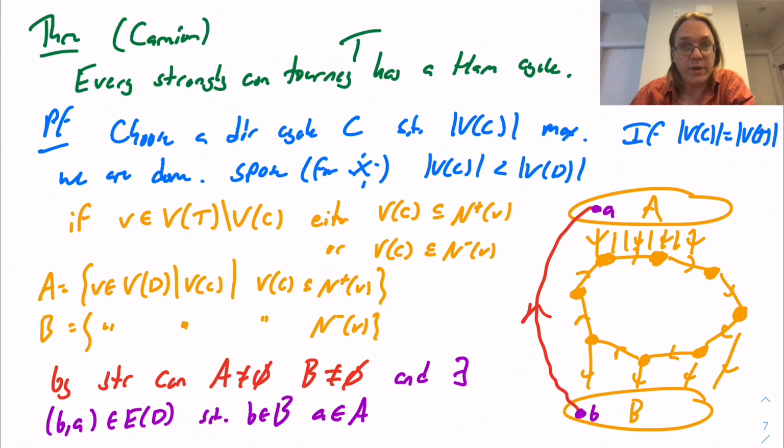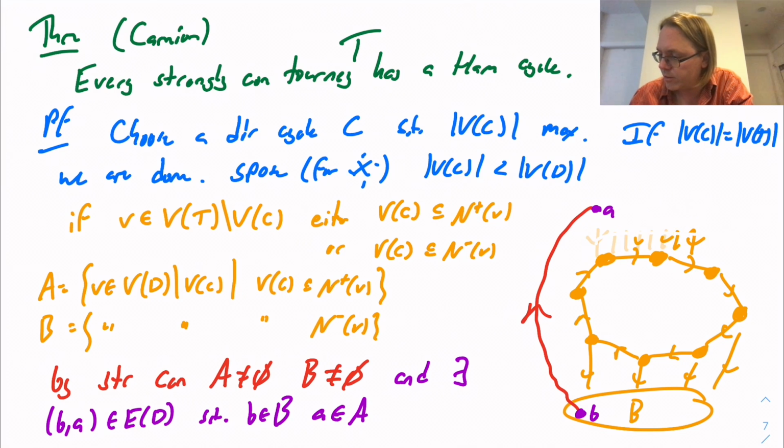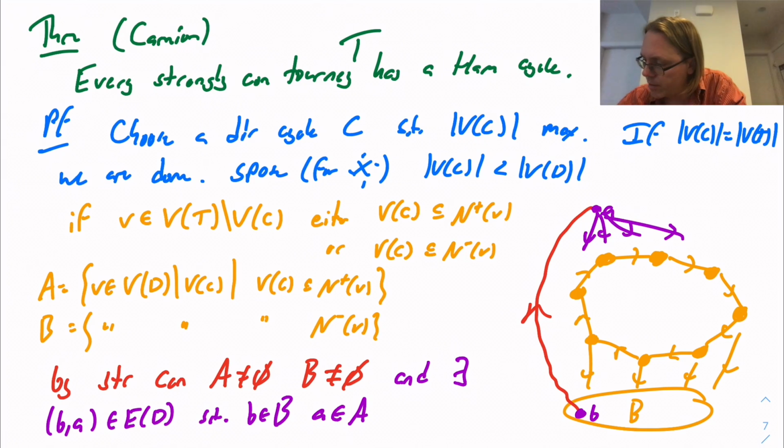And now we're going to win just focusing on those two vertices. So now let me just erase some of my picture. I realize that this is getting maybe a little hard to follow. So now, what do I know? This vertex A has the feature that all of the edges from A are directed down to the cycle.